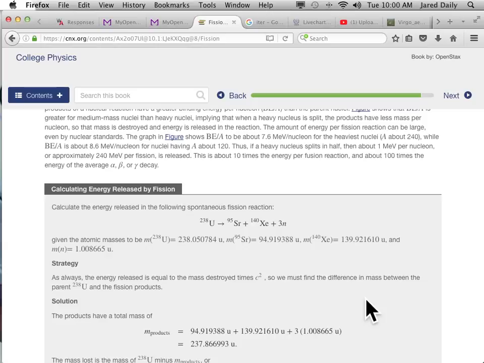It happens at a particular rate, about this many times every whatever amount of time. And it's fairly slow. The half-life of uranium-238 is like, I don't remember, 8,000 years or something like that. It's a long time. So it's not going to happen overnight and all your uranium is going to be gone and turned into strontium and xenon. It's just not going to be that way.